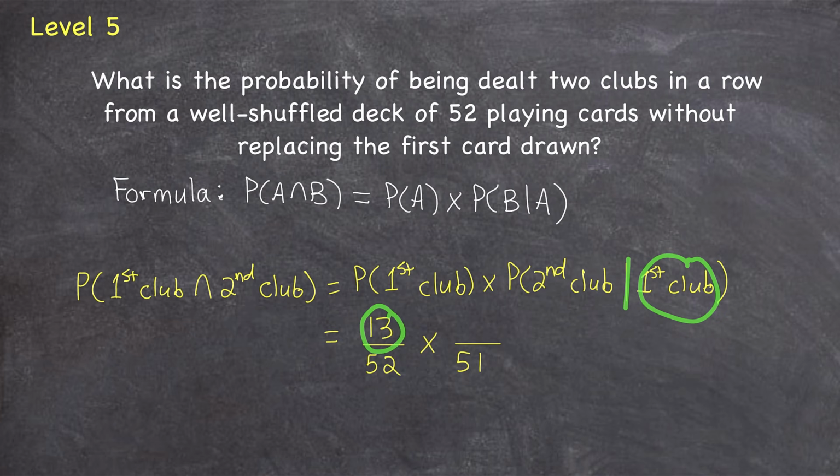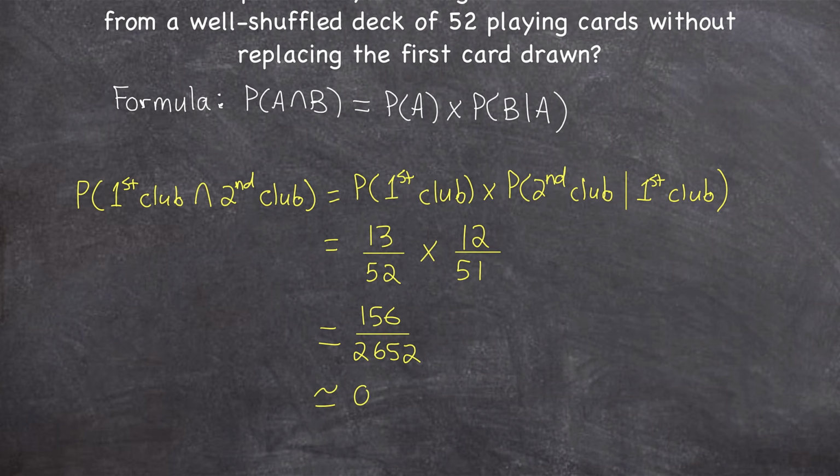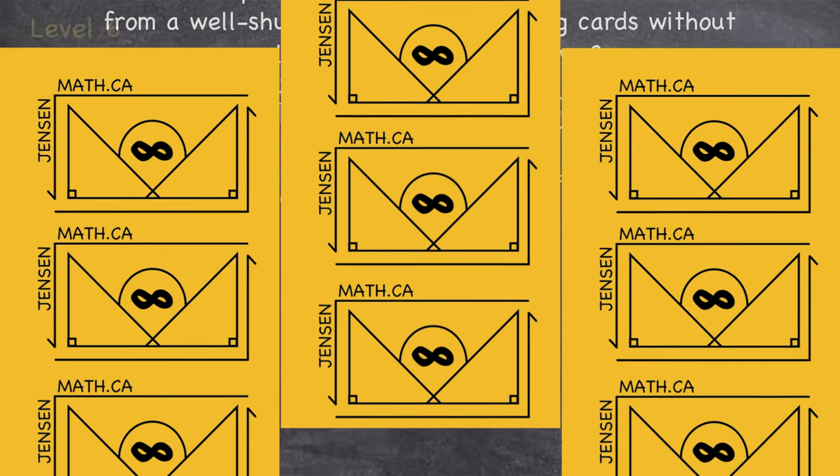We've taken one of those out. So there are only 12 clubs left in the deck. And then if I multiply these probabilities together, I get 156 divided by 2,652. And that could be written as a decimal, 0.0588, or about a 5.88% chance of drawing 2 clubs in a row from a standard deck of 52 cards.